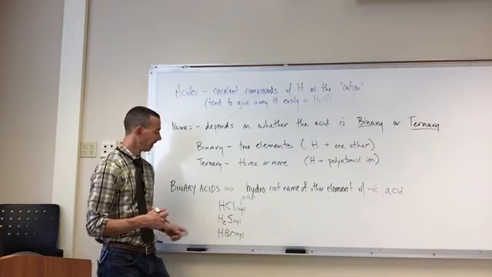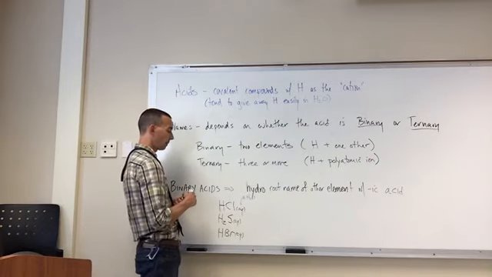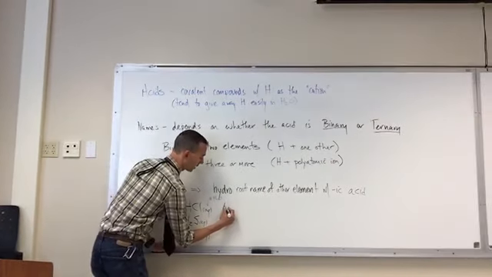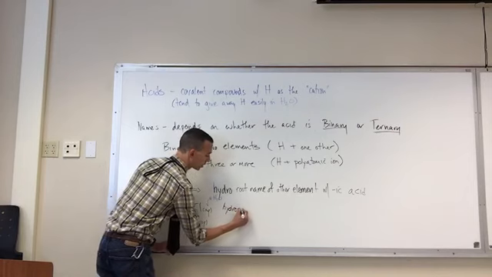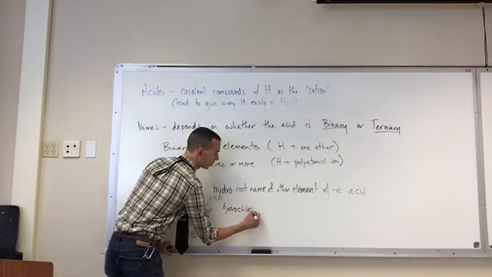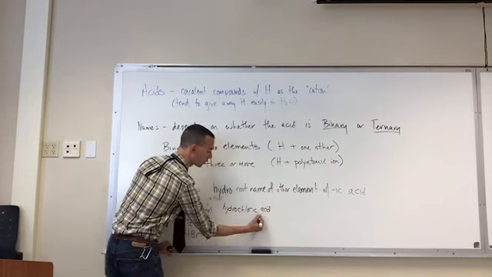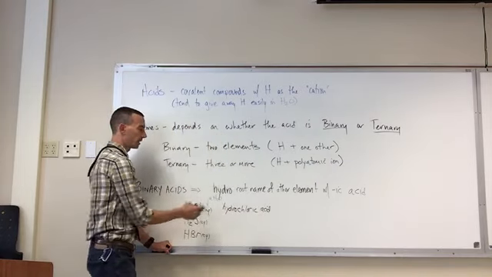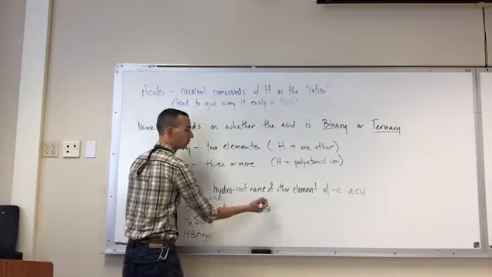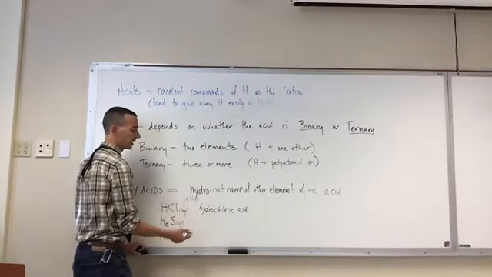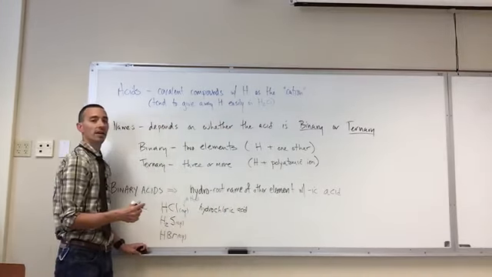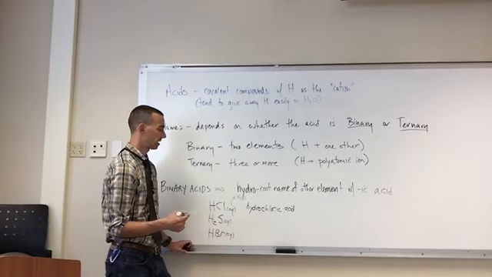Okay? So HCl, it's a binary acid. It is called hydrochloric acid. The hydrochloric part is all one word because hydro is a prefix, the root, and then the suffix ic. And then there is a space between hydrochloric and acid there.